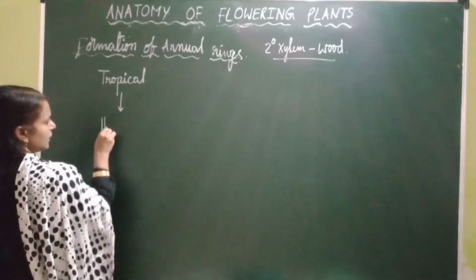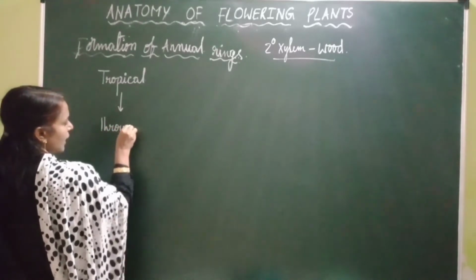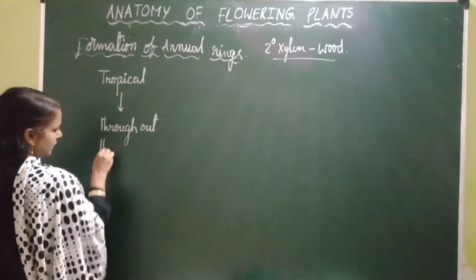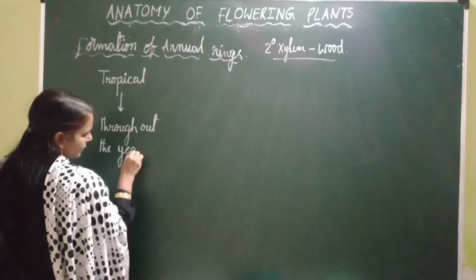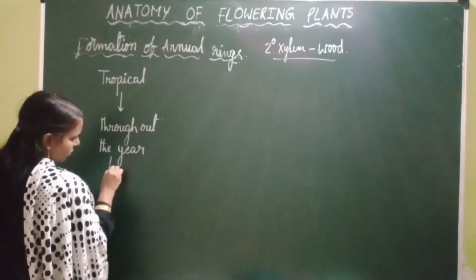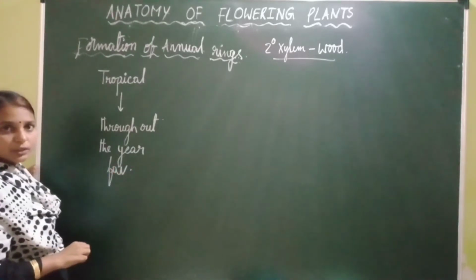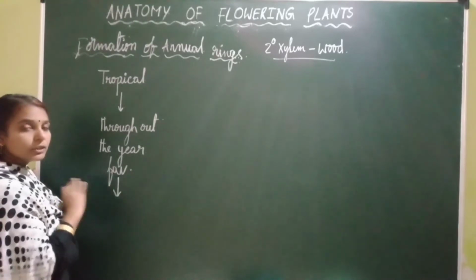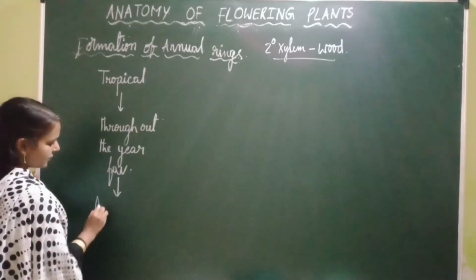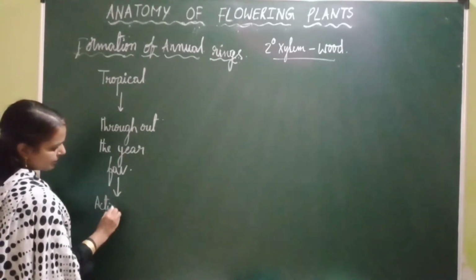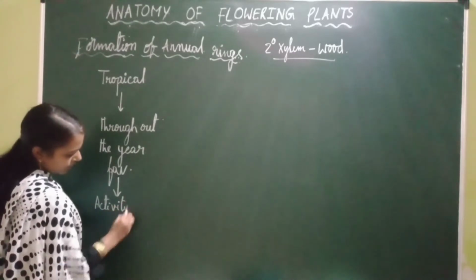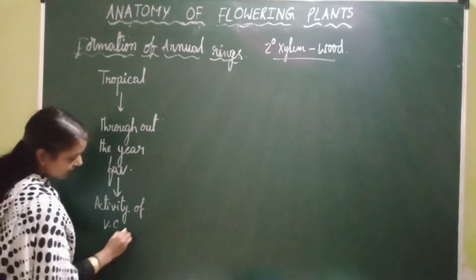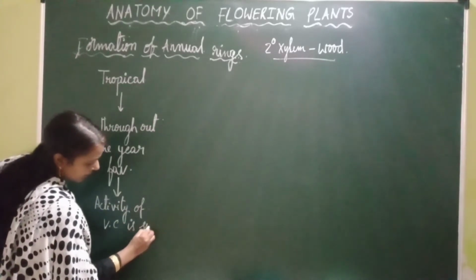So when the conditions are favorable for the growth of plants, the activity of vascular cambium, I am writing it as VC, is similar throughout the year, right?